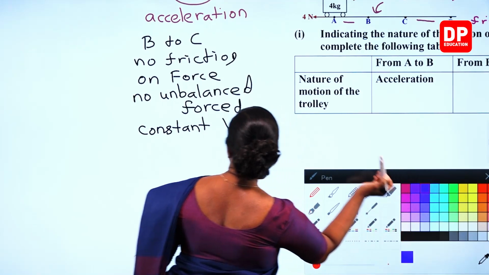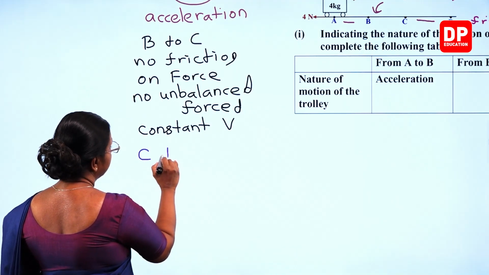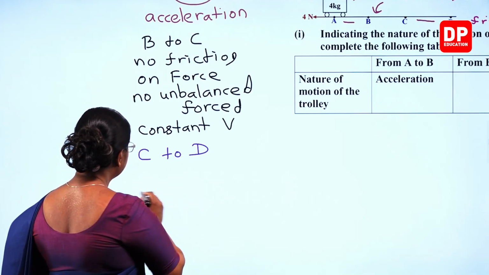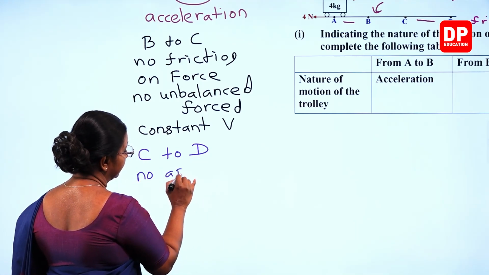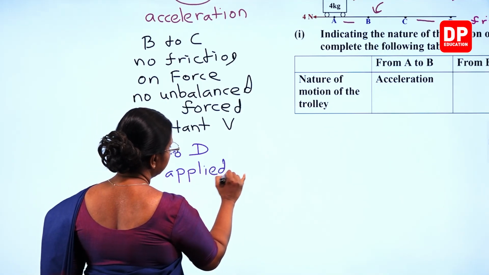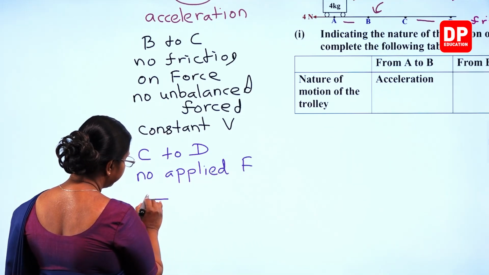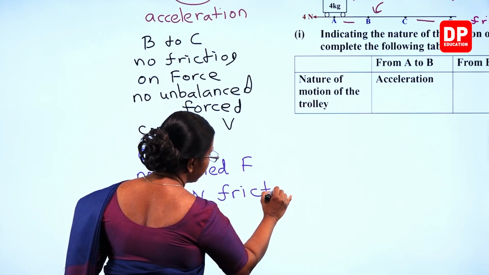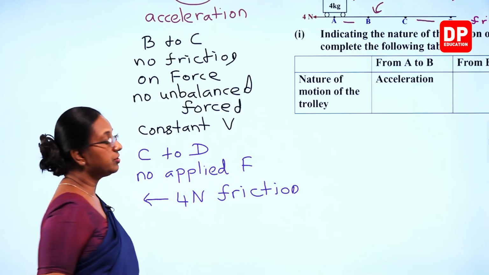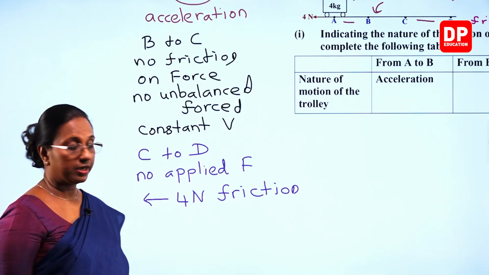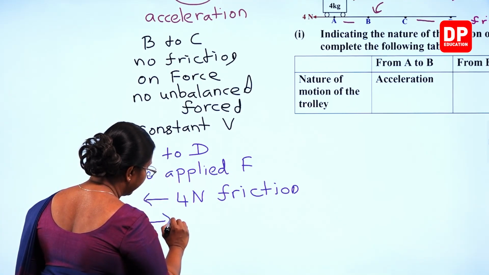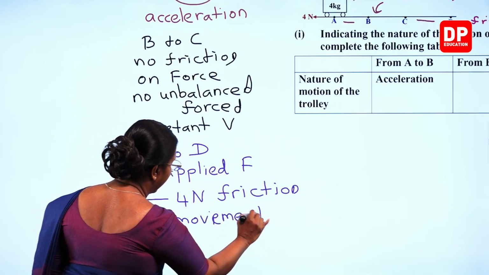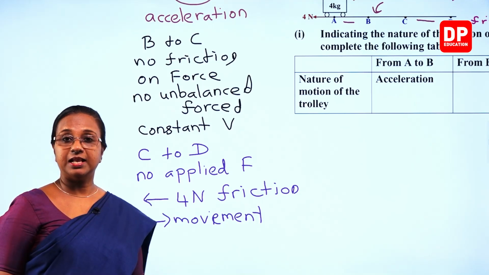When it reaches point C, C to D, there is no applied force, but there is a frictional force of 4 Newton, because they have said from C to D also there is a frictional force of 4 Newton. Now the trolley is moving this way, and the friction is in the opposite direction.